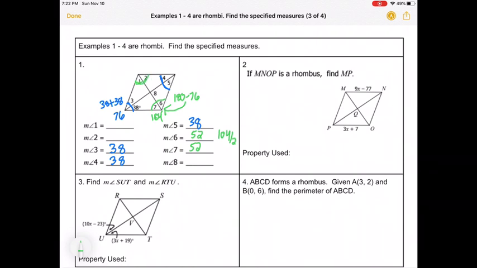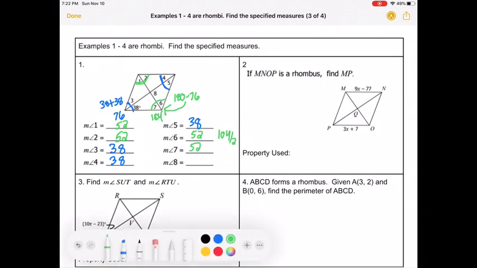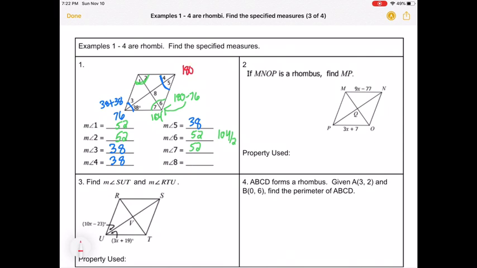1 and 2 are the same, so those are also both 52. And then to find 8, you could do this two ways. 5 is 38, 6 is 52, so you could do 180 minus 38 minus 52, which would get you 90.